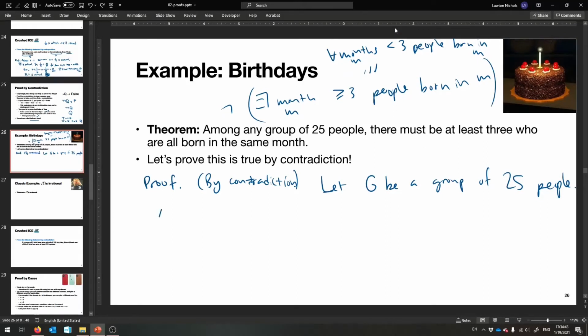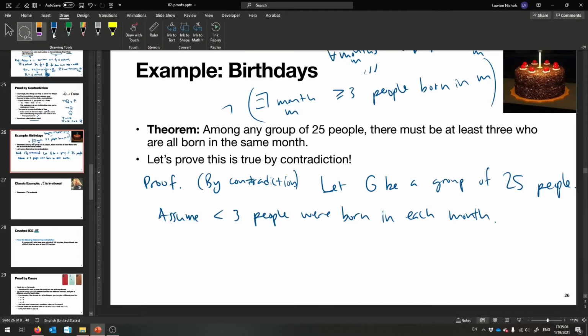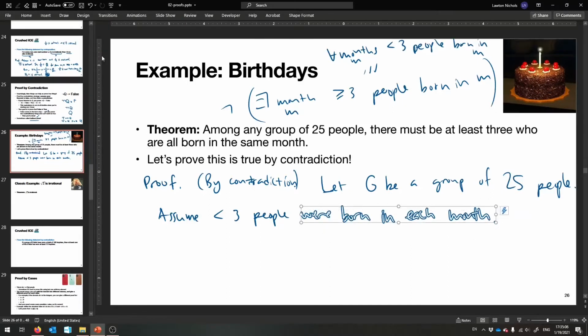So assume, for a contradiction, that less than 3 people were born in each month. People in G, that is. People in the group that we're talking about. And we're going to use this to derive a contradiction.